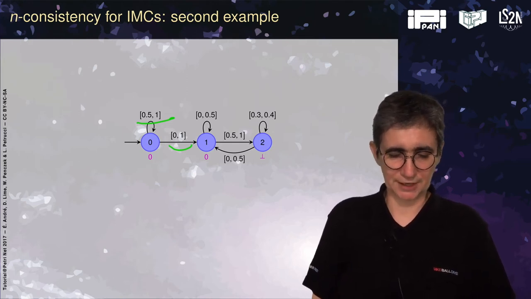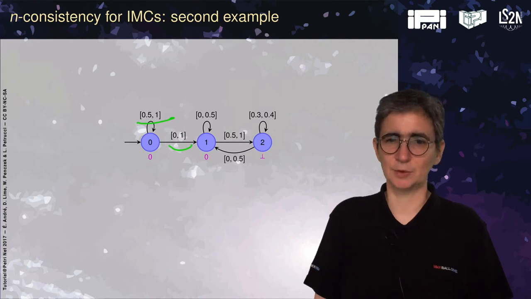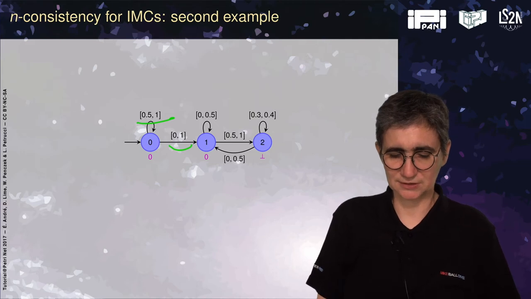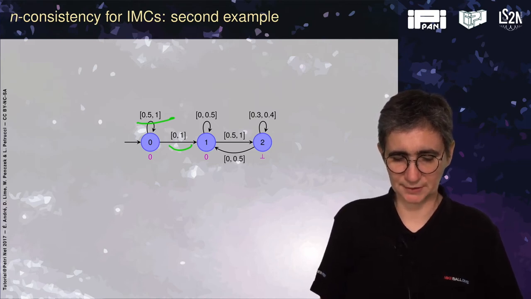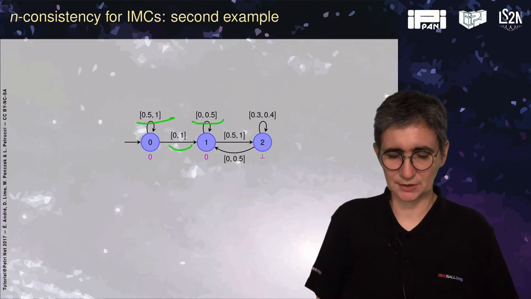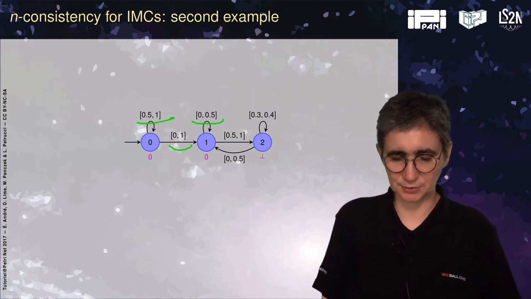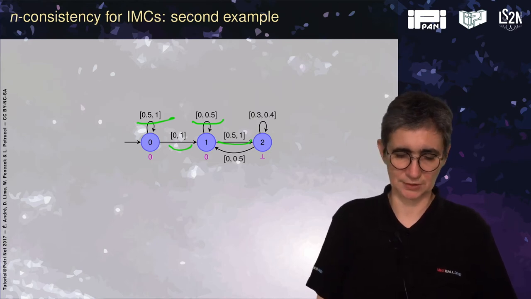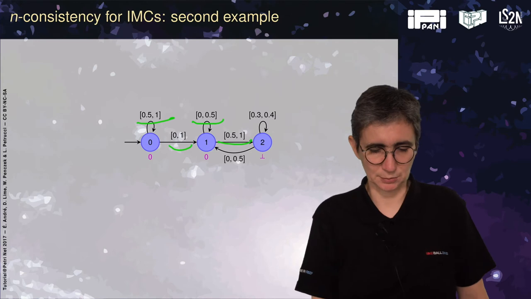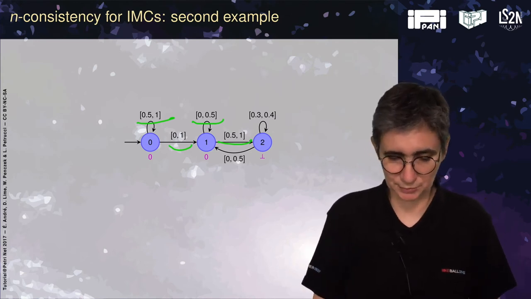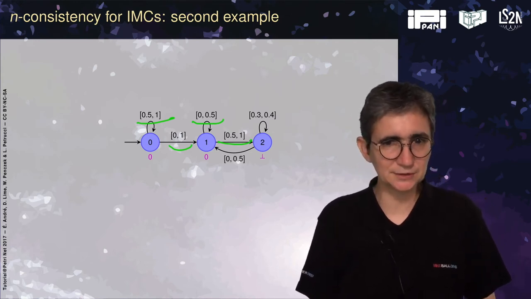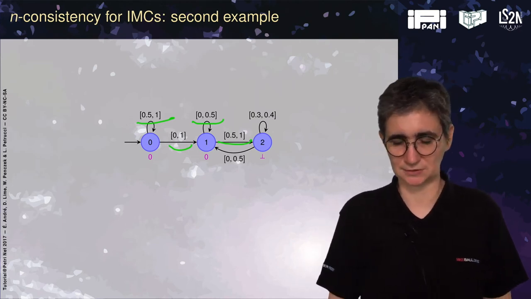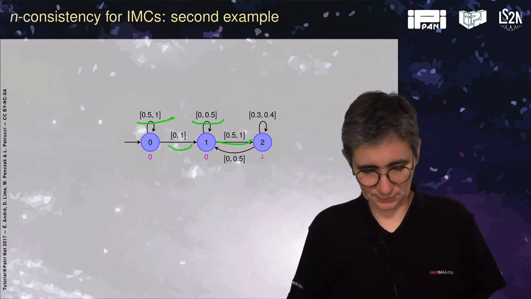So we can find a distribution that adds up to 1, therefore state 0 is zero consistent. As concerns state 1, we have something similar, a probability between 0 and 0.5 to loop, and a probability between 0.5 and 1 to go to state 2. So if we take 0.5 in, for example, both of these intervals, it adds up to 1, and state 1 is zero consistent.